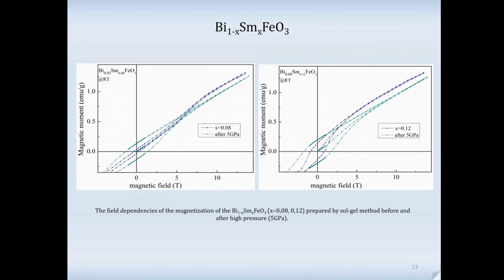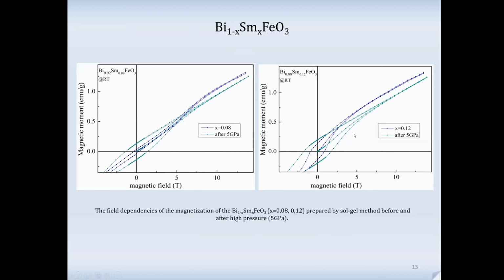Okay, I'll try to save some time. So let's go further and see how the magnetic structure behaves for the compound subjected to high pressure. The magnetic structure changed, and changed drastically. On the slides, you can see the compound which was and is rhombohedral, before and after high pressure. After high pressure, we have remnant magnetization and quite huge coercivity.